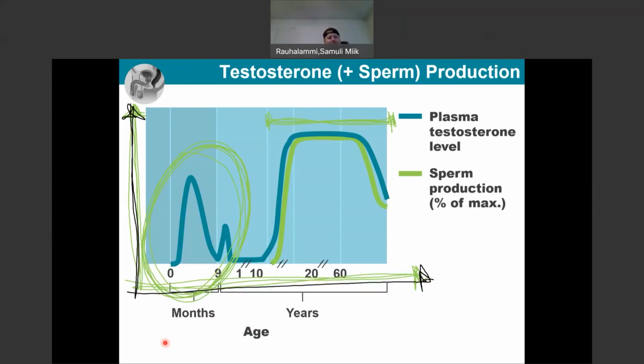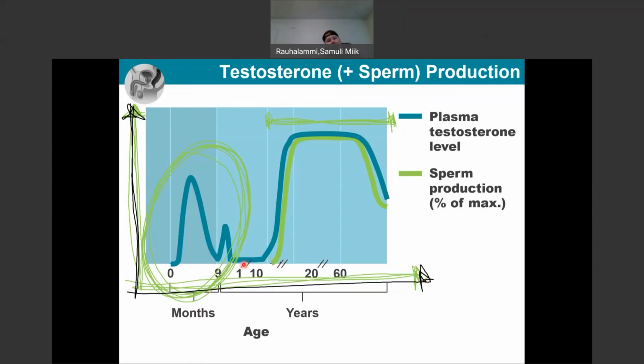One thing that I wanted to highlight at this point was the changes in testosterone levels throughout a male's lifetime. What we'll notice is that during early development, there are quite high levels of testosterone, but these levels then drop and remain low after birth.